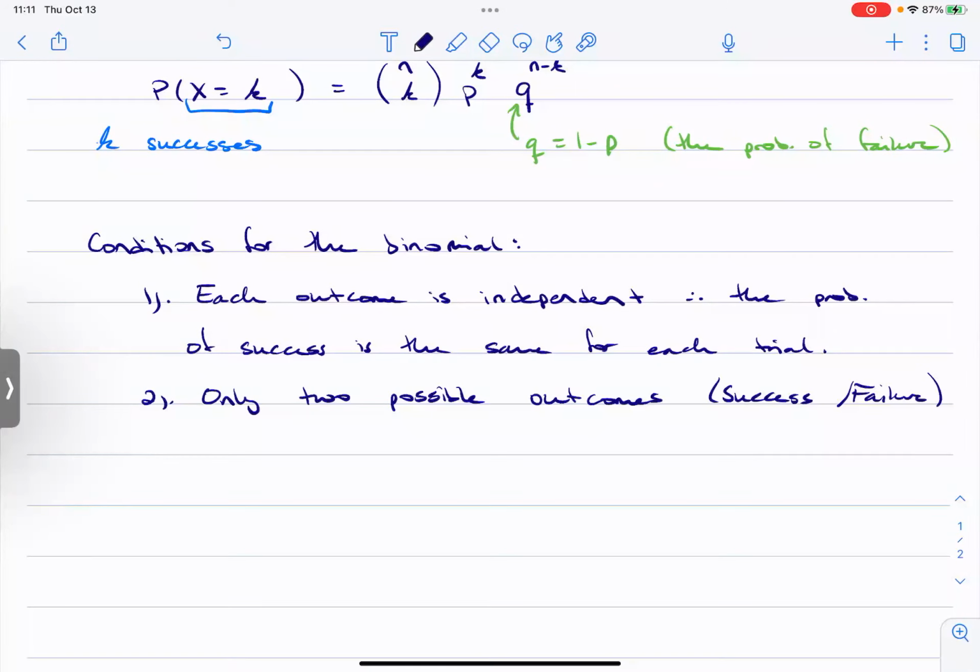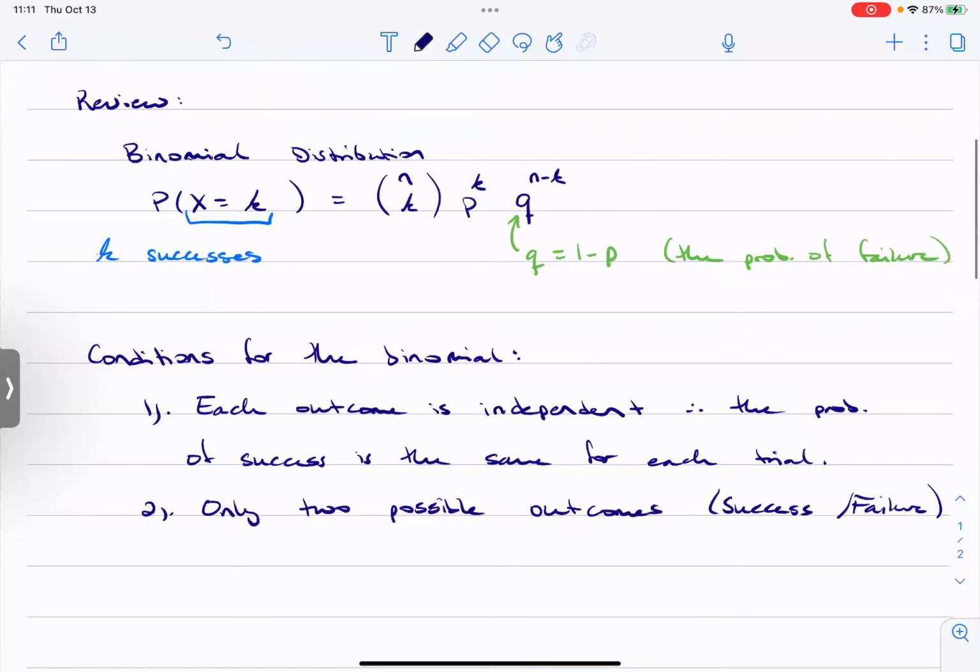Good. Now, this formula is handy, especially if we are looking to find the probability of 4 successes in 10 trials, for example, right? Then we would use this formula. Even if I do 10 trials of rolling a die, and let's say rolling a 1 is a success, I can find the probability of things like at least 2 1s.